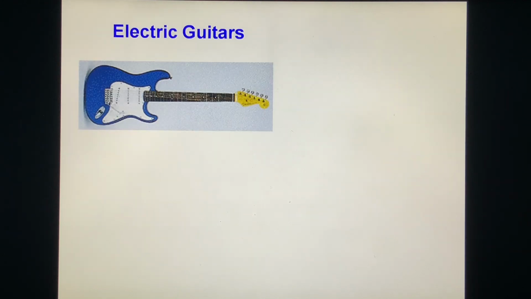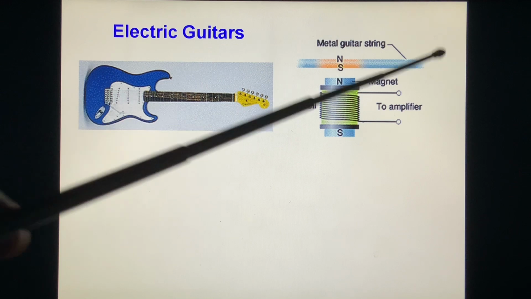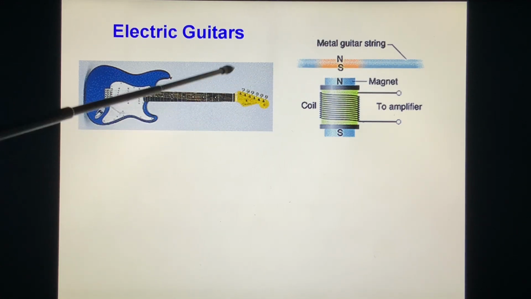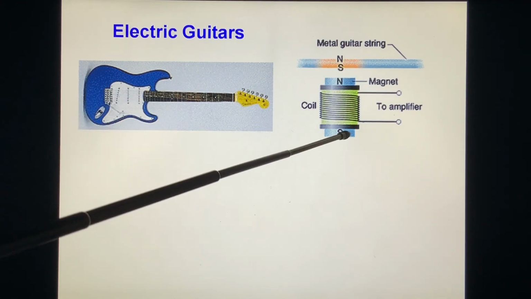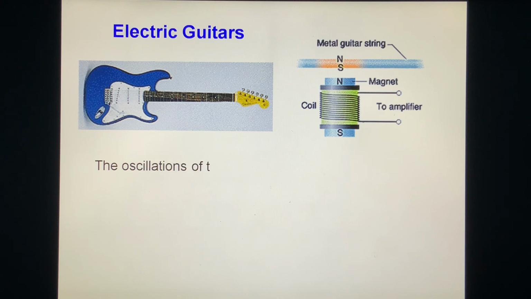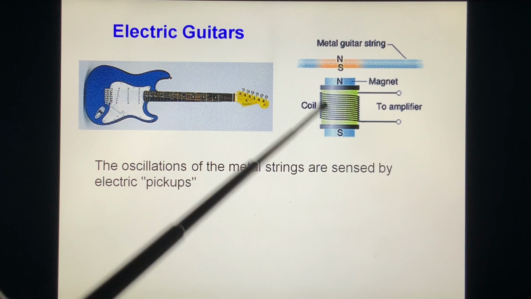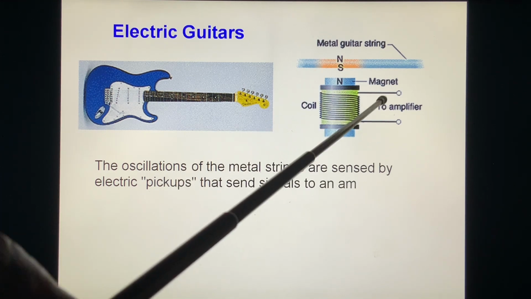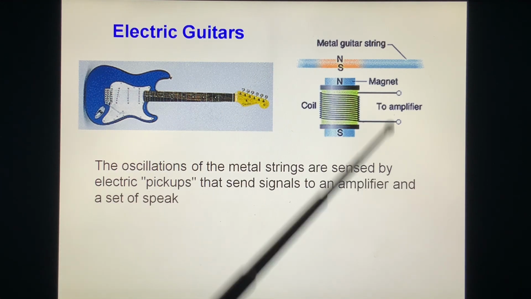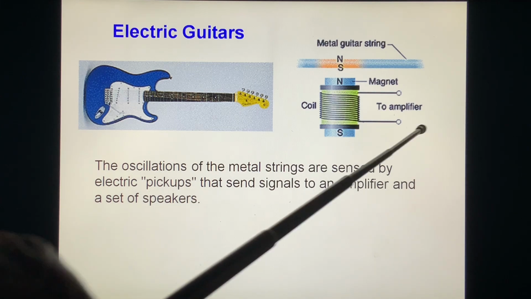Electric guitars. We see a lot of electric guitars in galas and concerts. This is a metal guitar string, and this is the coil with a magnetic field. The oscillations of the metal string are sensed by the electric pickup, which sends the signal to an amplifier and a set of speakers.